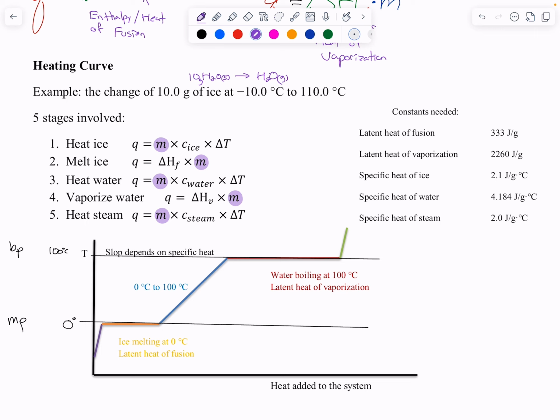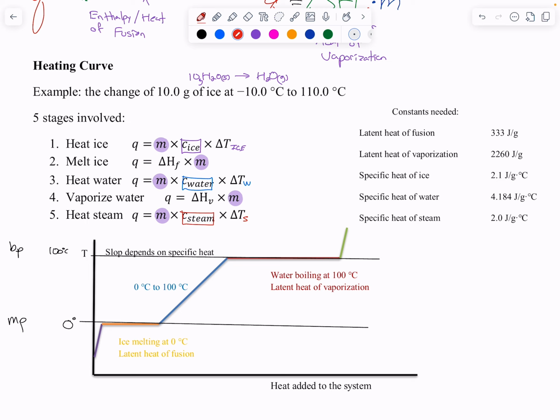So this is delta T of ice, and this is the C of ice. Then you got delta HF times the mass. Then you have the specific heat of water here, and this is water. And then you'll have steam here and steam there. So they're different delta T's and different C's because it depends on what state it's in.